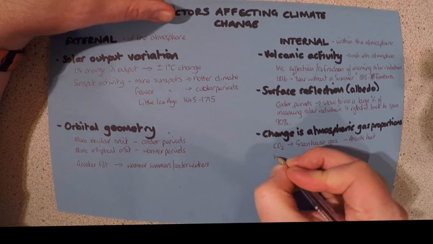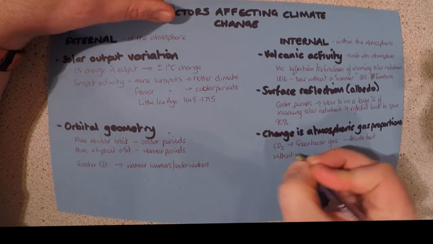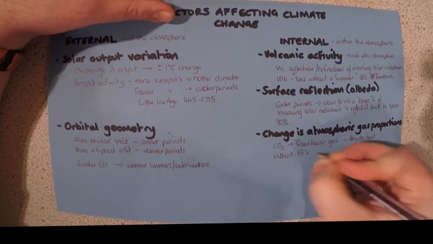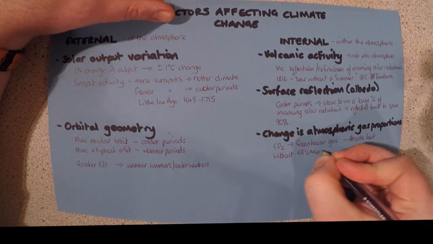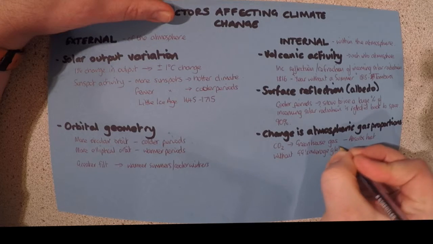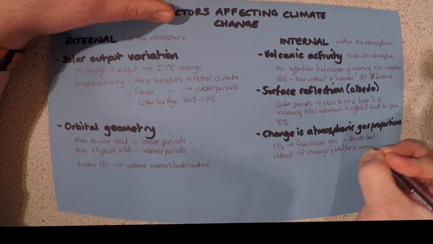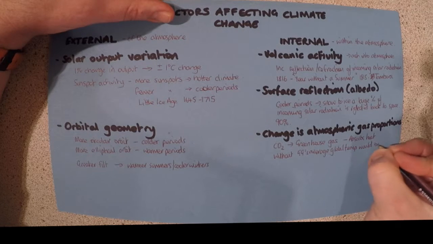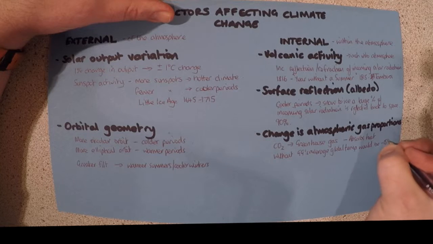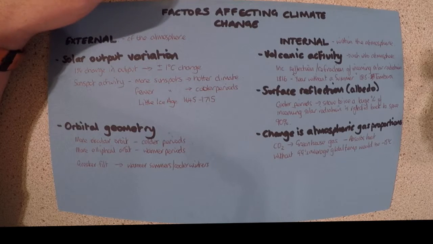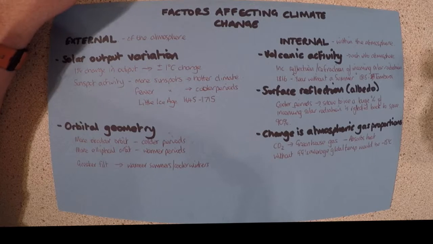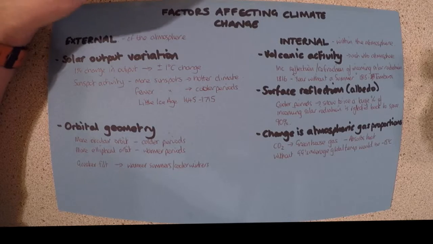However, without greenhouse gases, the average global temperature would actually be minus 15 degrees Celsius. Currently the average global temperature is positive 18 degrees Celsius. So it would cause a massive reduction if we didn't have carbon dioxide.